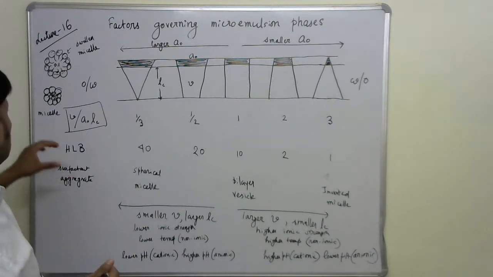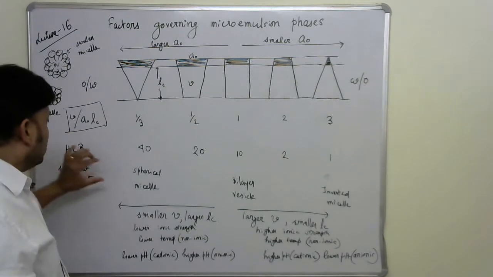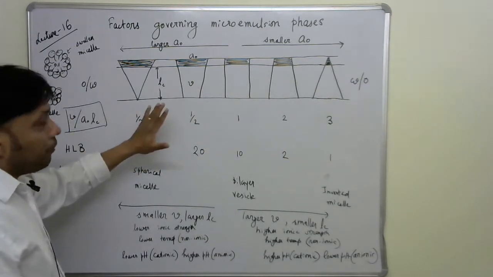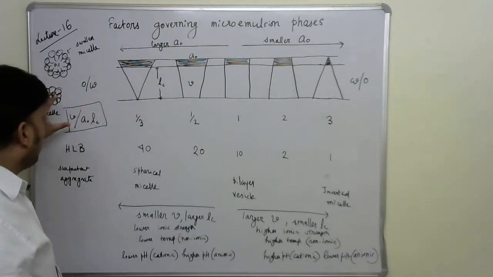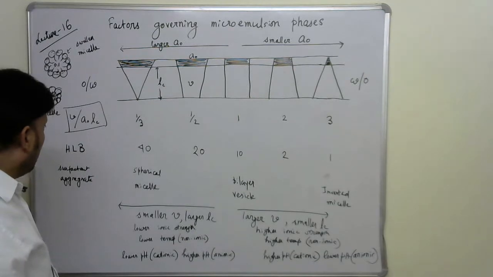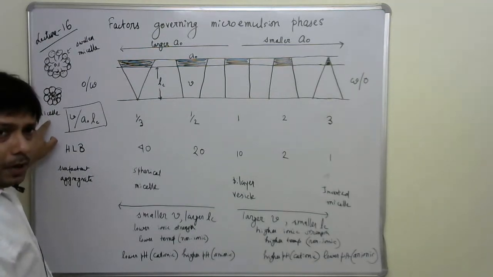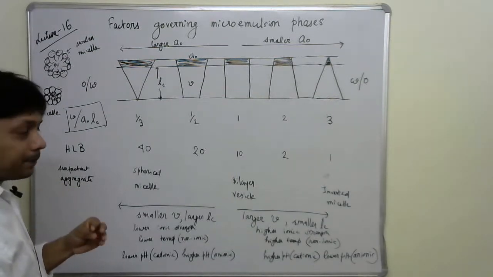So what I would like to emphasize is that in the absence of the oil layer, if we have only a water layer, and if we add a surfactant with CPP value 1 by 3, it is expected to form a spherical micelle where inside there is no space. It is absolutely packed.